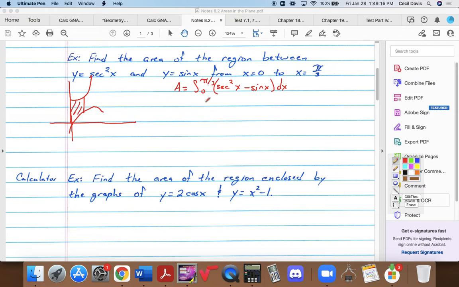So finding the antiderivatives, the antiderivative of secant squared is tangent, plus the antiderivative of sine is the opposite of cosine, so this will be plus cosine of x, from 0 to pi over 3.